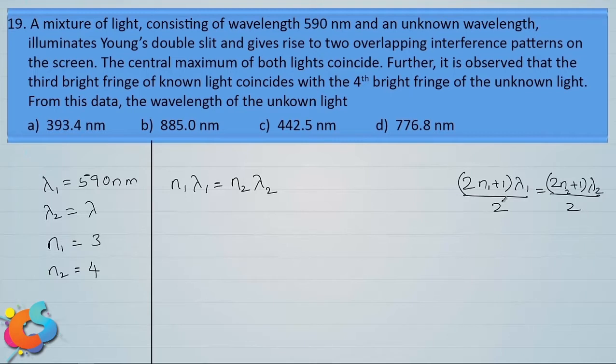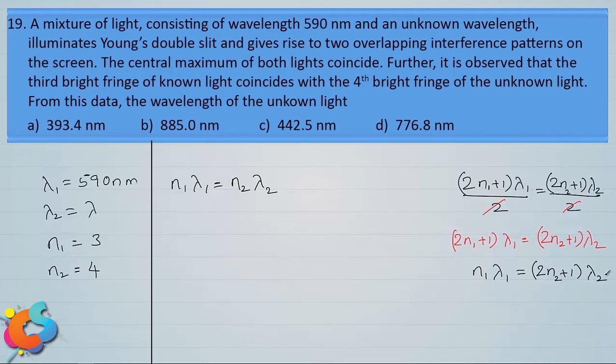However, you can cancel these 2's. So you're left with the expression 2n1 plus 1 into lambda 1 is equal to 2n2 plus 1 into lambda 2. So when bright coincides with dark, you can make use of the expression n1 lambda 1 is equal to 2n2 plus 1 into lambda 2.